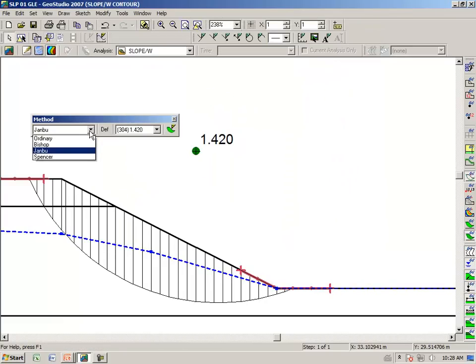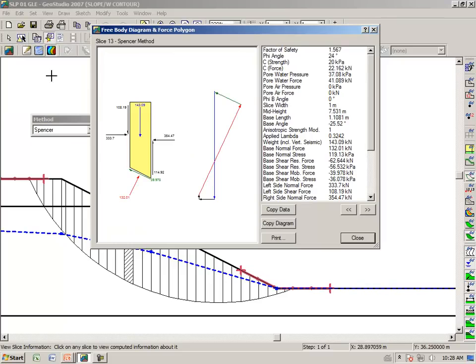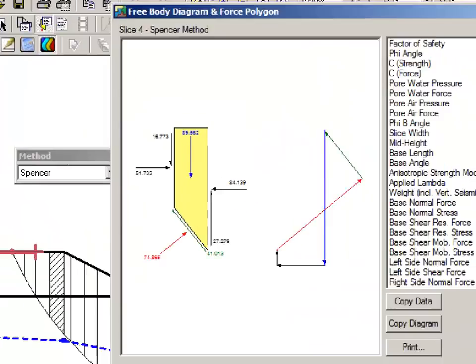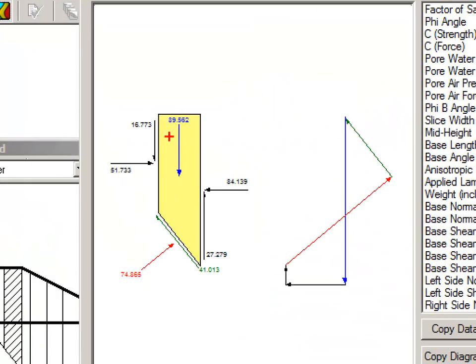Now let us go to the Spencer method. And once again, say View, Slice Information, and once again we go to the crest, and now we see that we have both interslice normals and interslice shear.